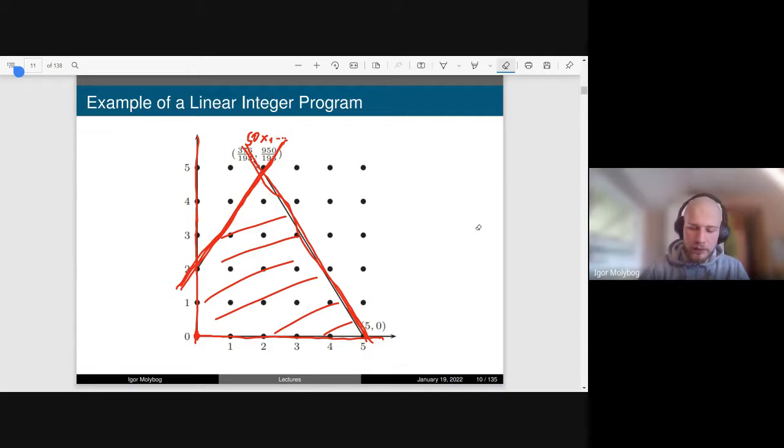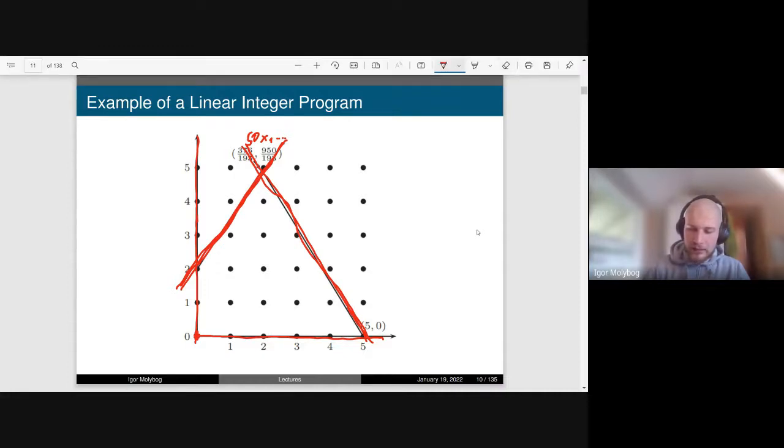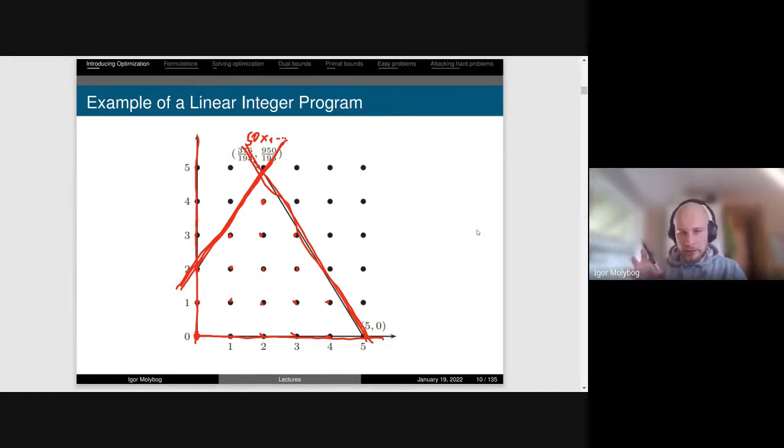What if we do not ignore the integrality constraint? Well, in that case, we're going to be left with these points right here, and only them. These are all the points that belong to the feasible set when we did not have the integrality constraint.